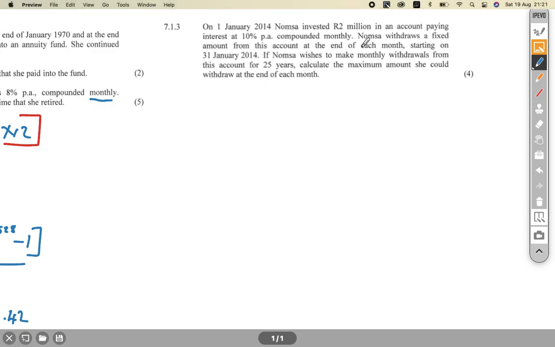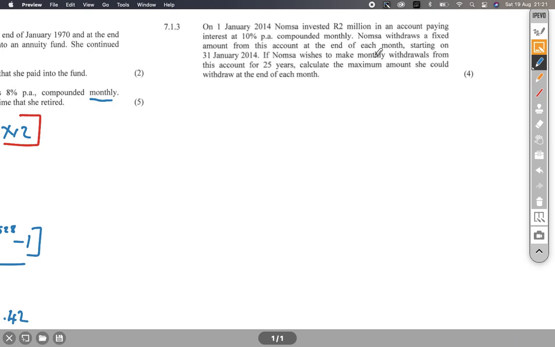So at the end of each month, starting on 31 Jan 2014, if Nomsa wishes to take monthly withdrawals from this account for 25 years, calculate the maximum amount she could withdraw at the end of each month. So here is our formula, PV, sorry, not FV.